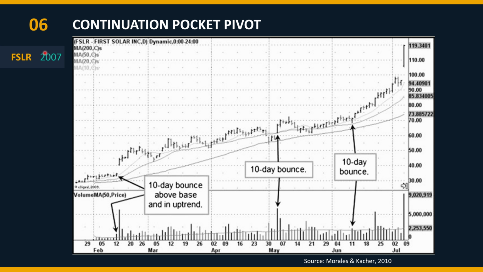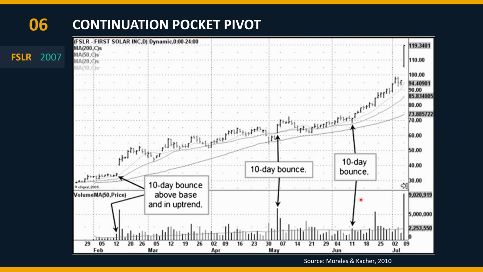First Solar 2007, an example of continuation pocket pivots in the booming solar energy stock. FSLR was the leading stock in the solar energy sector during the 2007 cycle. After breaking out from its initial base, FSLR repeatedly generated continuation pocket pivots on the 10-day MA.